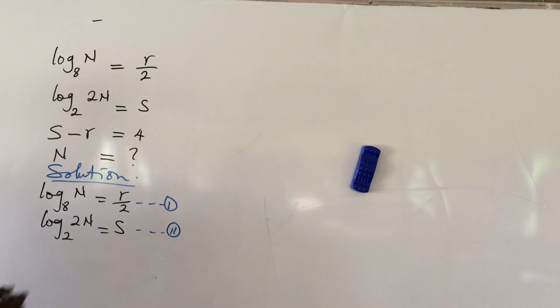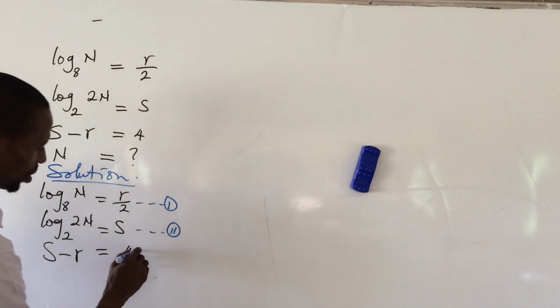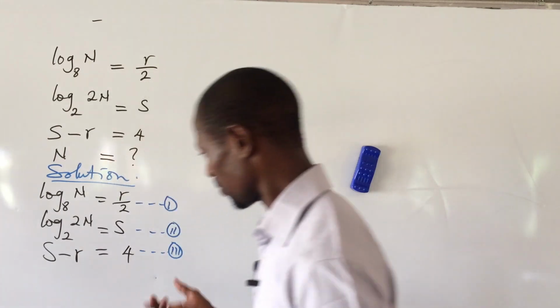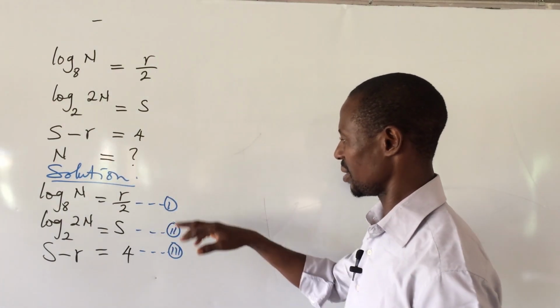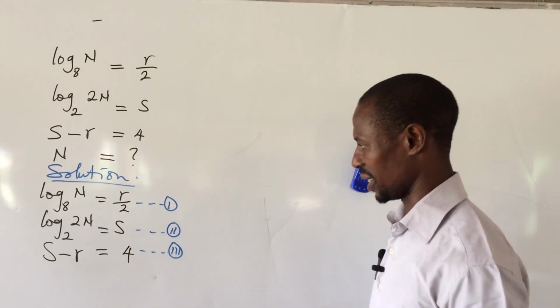Then the last one, which is x minus y equal to 4. I want to label this equation 3. The essence of labeling these equations 1, 2, 3 is so that whenever I make mention of equation 1 or equation 2, you know the particular one I'm talking about.